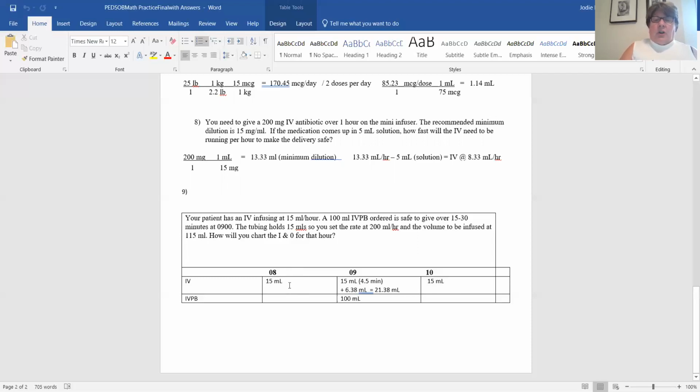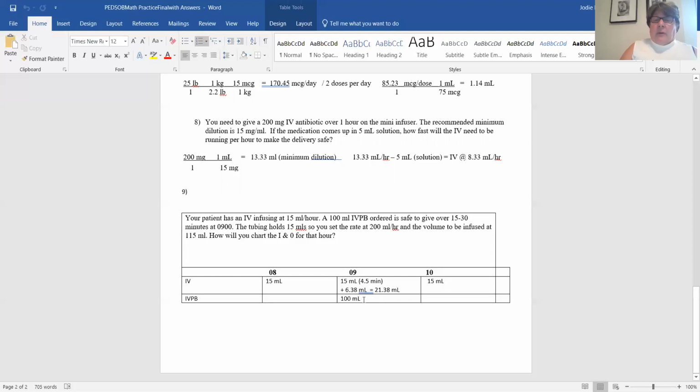This is how you would chart your I&Os. You'd have 15 mils per hour. At 9 o'clock, you're going to have the 15 mils run in from the tubing, and we'll have to figure that out in number of minutes.